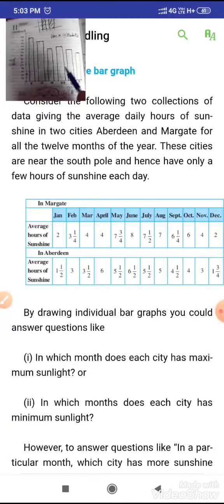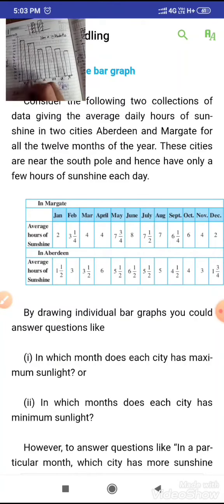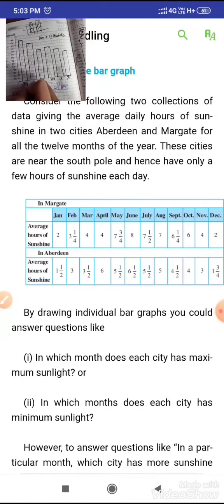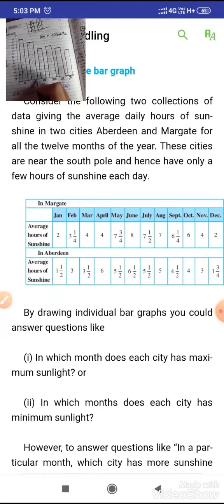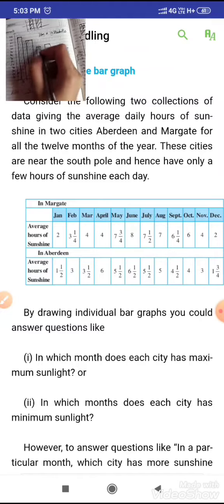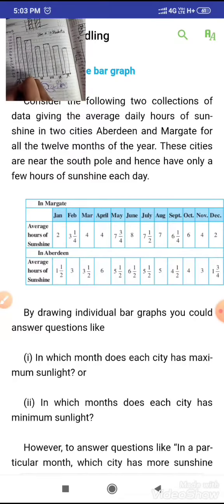You can see here individual bars are drawn to represent the number of students in different classes, and we leave some gap between 2 consecutive bars.